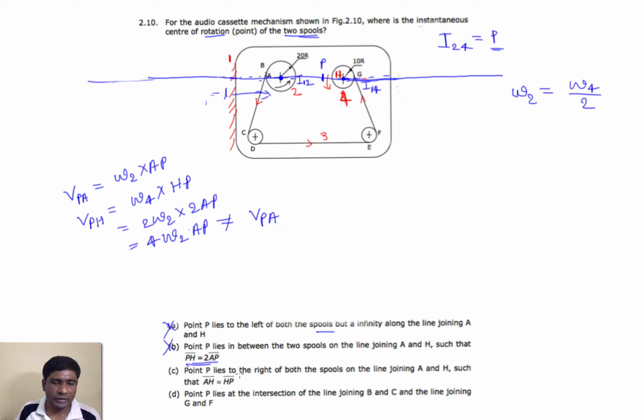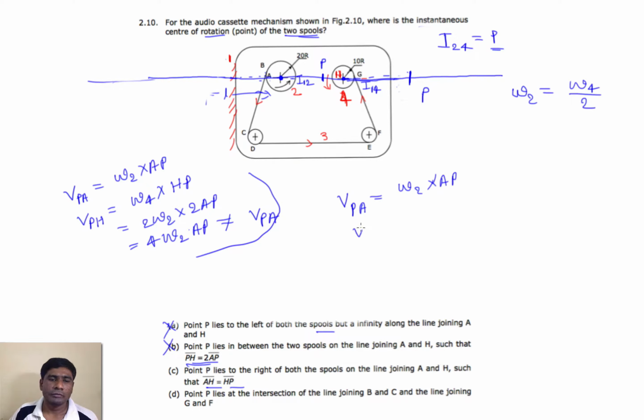In this case, P lies to the right of both these spools. So I consider P somewhere here in this case, and AH equals HP. In the same way as we did in the previous one, we calculate the velocity of the instantaneous center P on spool B, which equals omega 2 into AP.